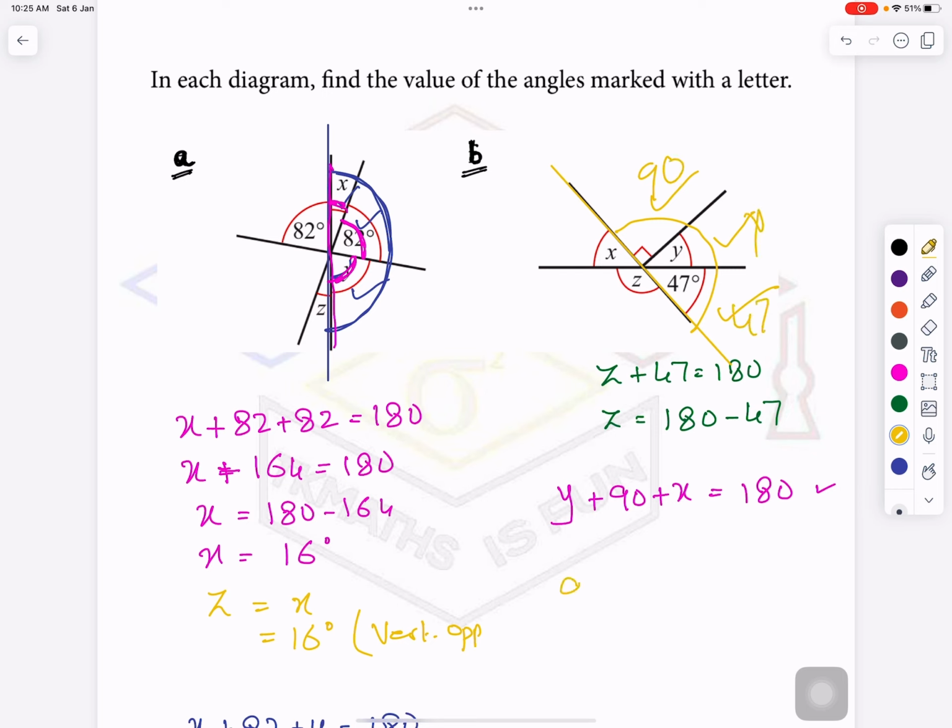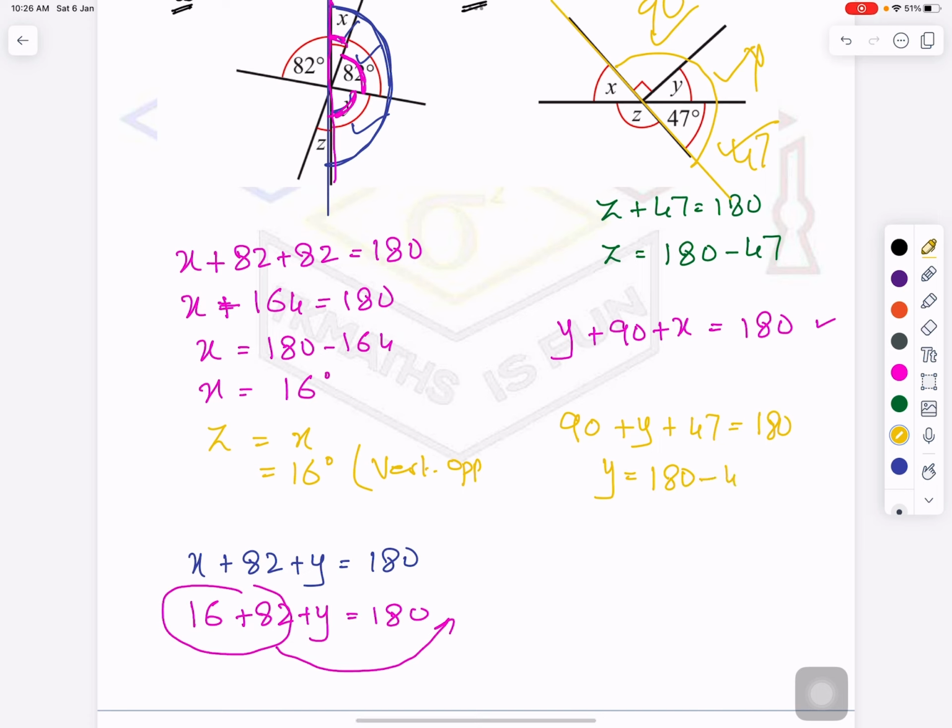This is easy. So I can do 90 plus y plus 47. And once I calculate this, then I will. So now calculation of y is simple. You will simply do 180 minus 47 and minus 90.